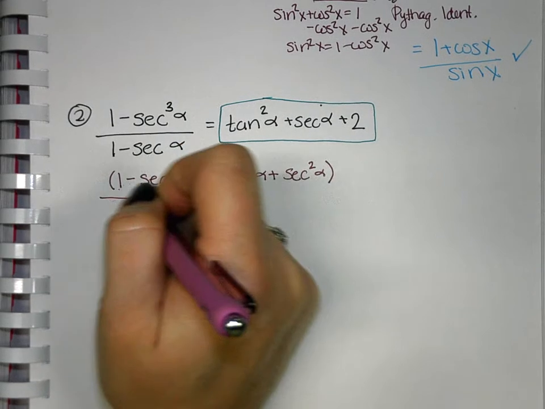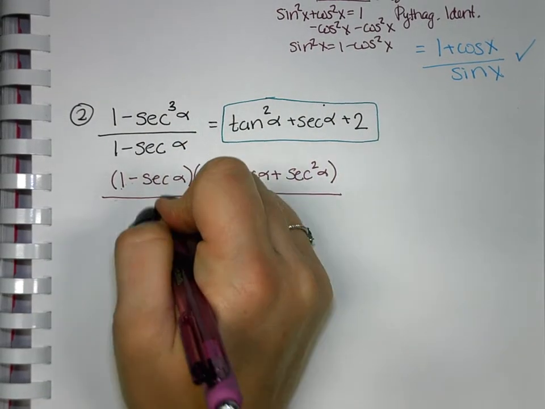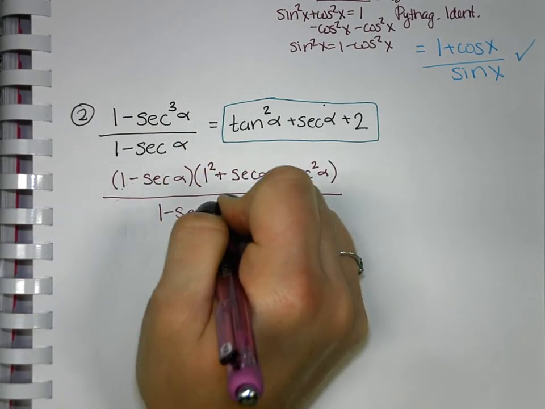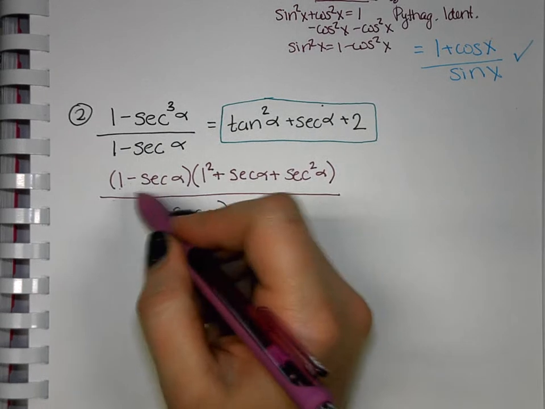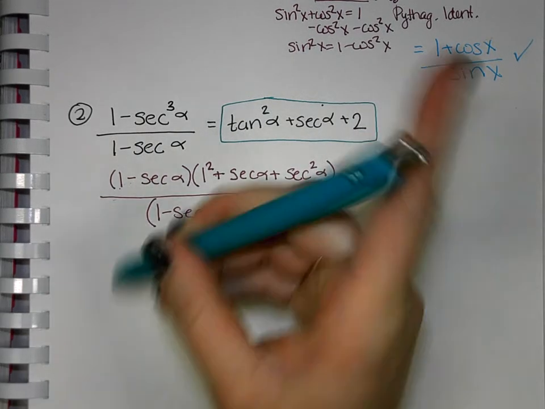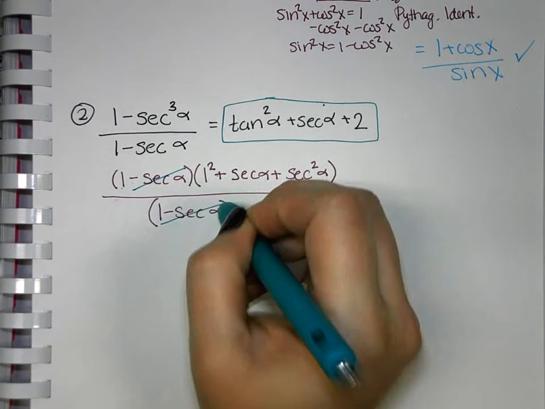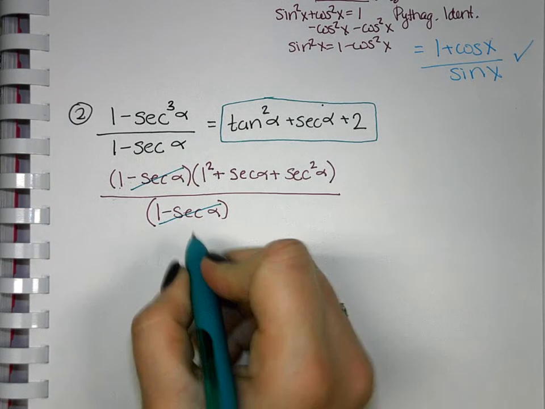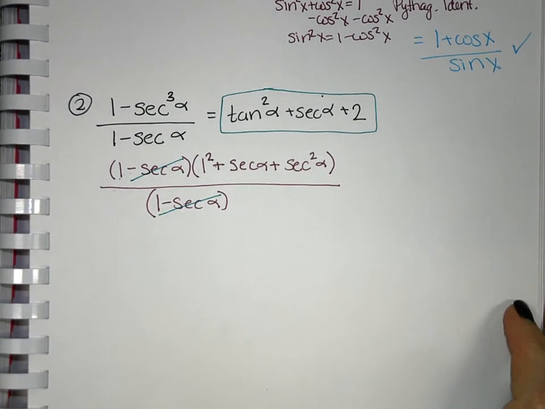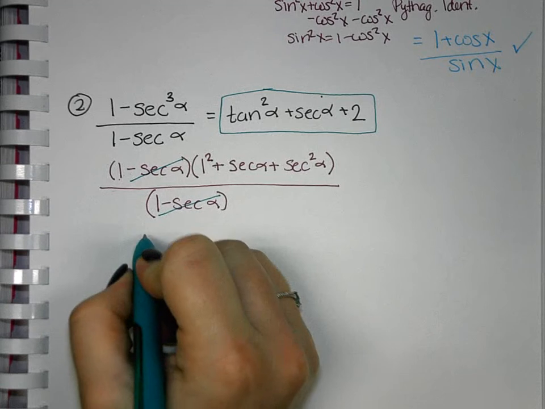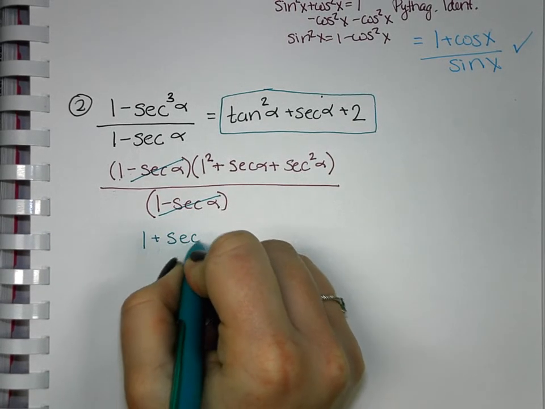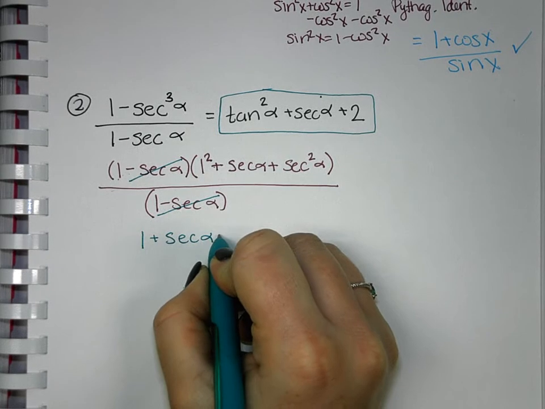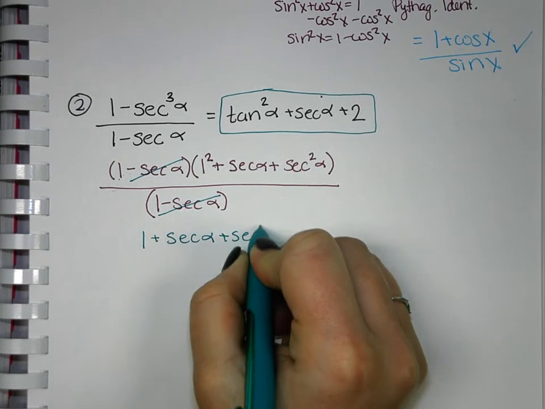And then all of this is over 1 minus secant alpha. So right here, I notice I can cancel the 1 minus secant alphas. And 1 squared is 1. I have my plus secant alpha. And then I have my secant squared alpha.